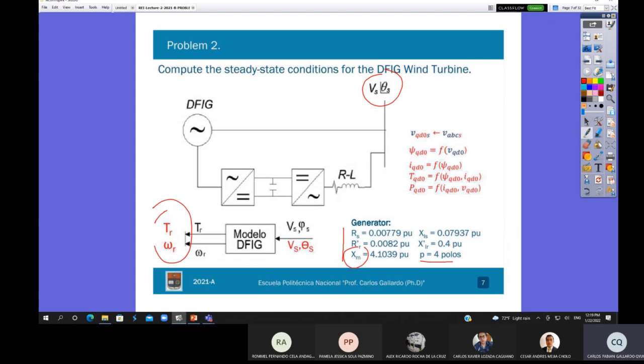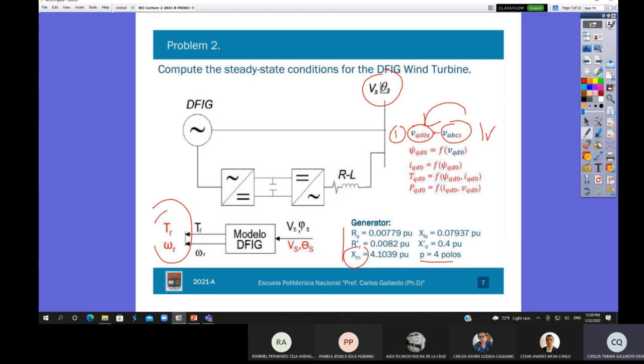Okay, so something like a methodology. I will say from the ABC, this is the natural reference frame, for the stator and for the rotor, I will convert to the QD0 reference frame. First of all, I will compute the voltages. Let's call this step 1.